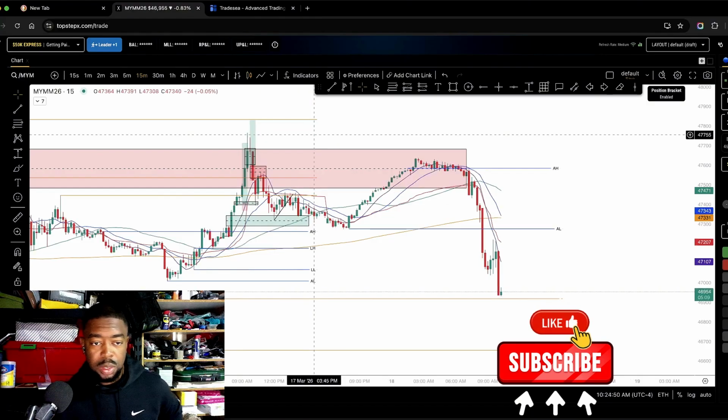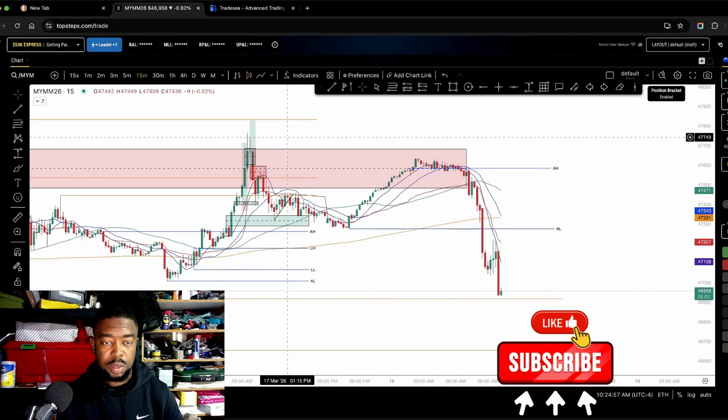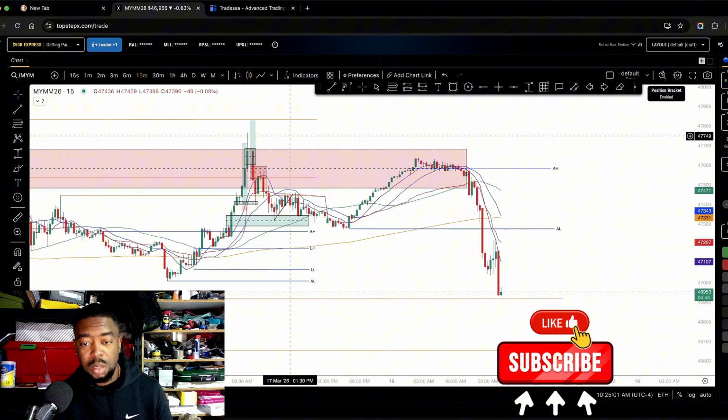I thought we were going to inverse yesterday. I was looking for a trade, but it didn't. I always wait for that close above, and if you would have caught that close on the 5 minute, you would have got eaten up by the market.